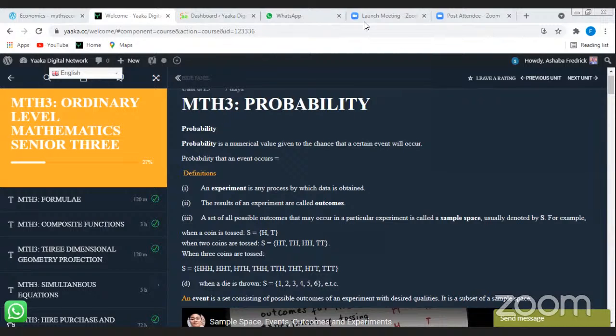Okay, who can read for us these first statements here?